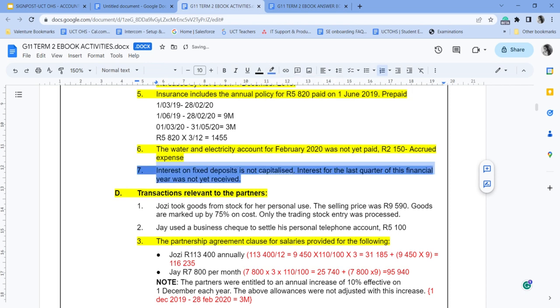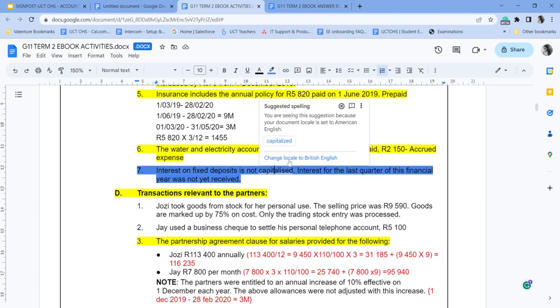Okay, so here they're telling us that interest on fixed deposit is not capitalized. And then interest for the last quarter of this financial year was not yet received. So we should have received this interest income, but we have not yet received it. So it means we need to take it into account.